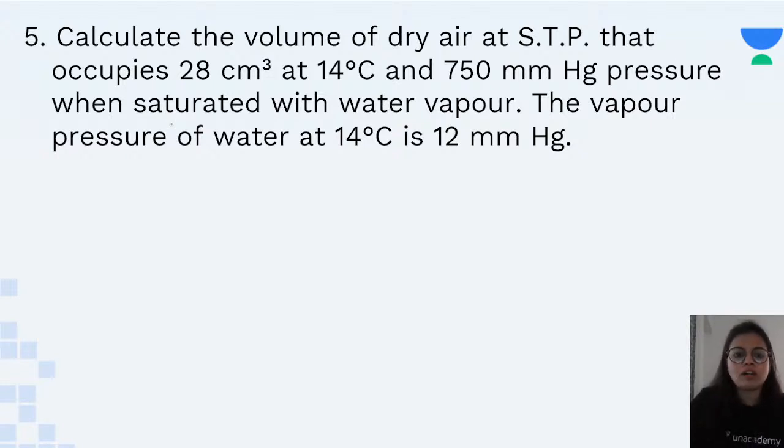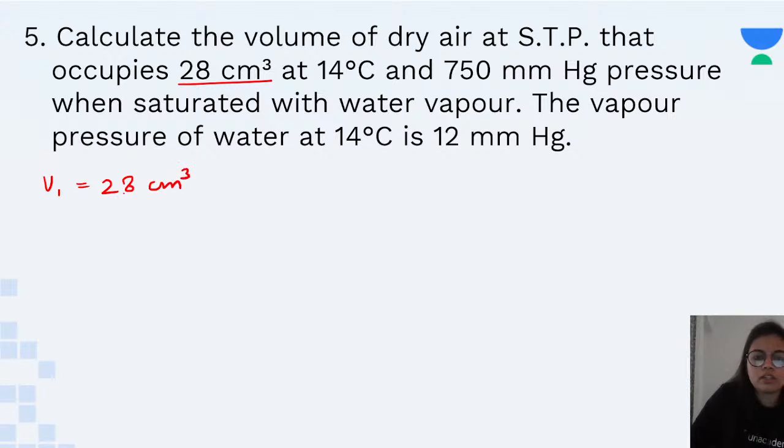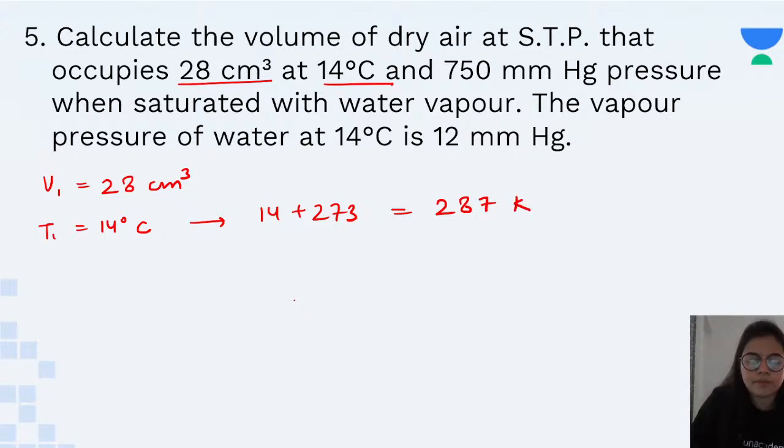Now see, what are the things given here? Okay, first we will write that and then we will come to know which law should be applied. Now, first of all, what are the things given? Volume 1 is given as 28 centimeter cube. Temperature is given as 14 degrees Celsius, which is equal to 14 plus 273, that makes it 287 Kelvin.